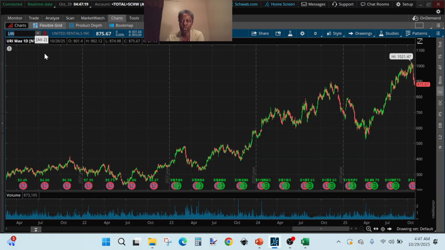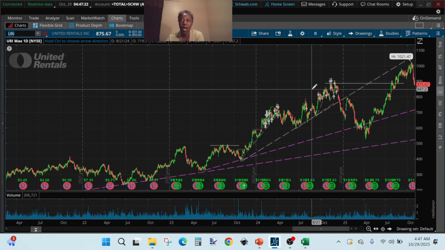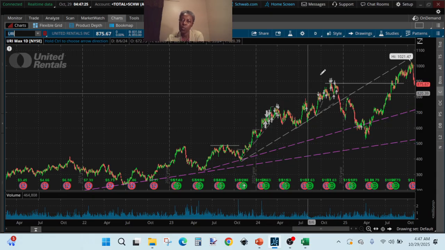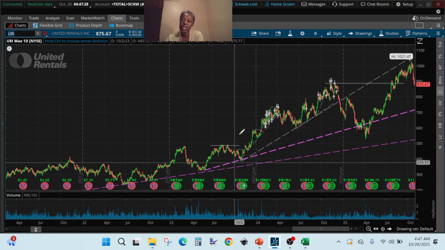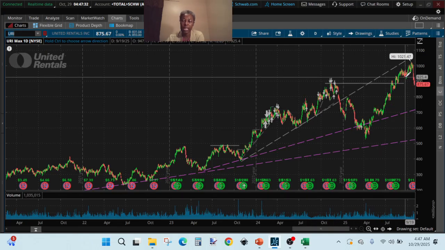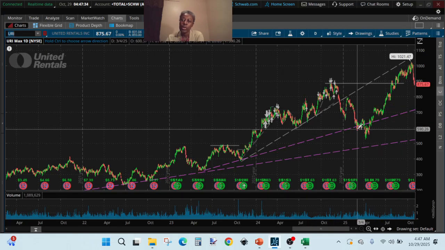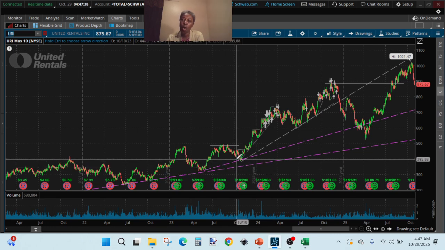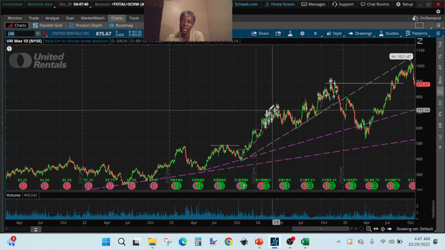When we look at this URI chart, you can see that the price is swinging, making a zigzag along its trajectory. So swing trading is about trading on one side of the swing, buy and sell.